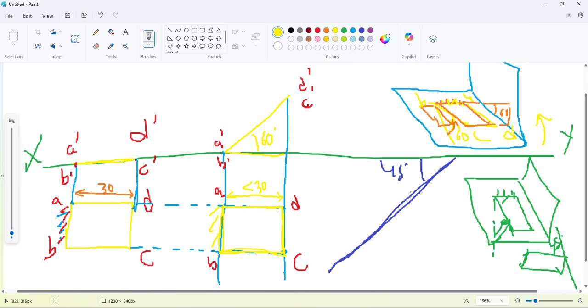Suppose this is from here to here, this one is A, this one is B. So you can just measure this length, which is at 90 degrees, and again this is at 90 degrees. Just make a rectangle here, CD. So this is the resulting rectangle in which the resting edge is at 45 degrees with the VP.